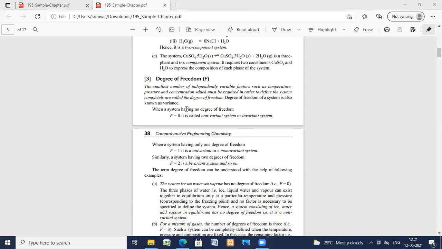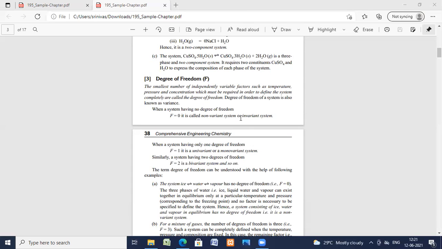So if a system has no degrees of freedom, F is 0, it is a non-variant system. If there are no factors governing the system, then it is a zero variant, non-variant or invariant system.